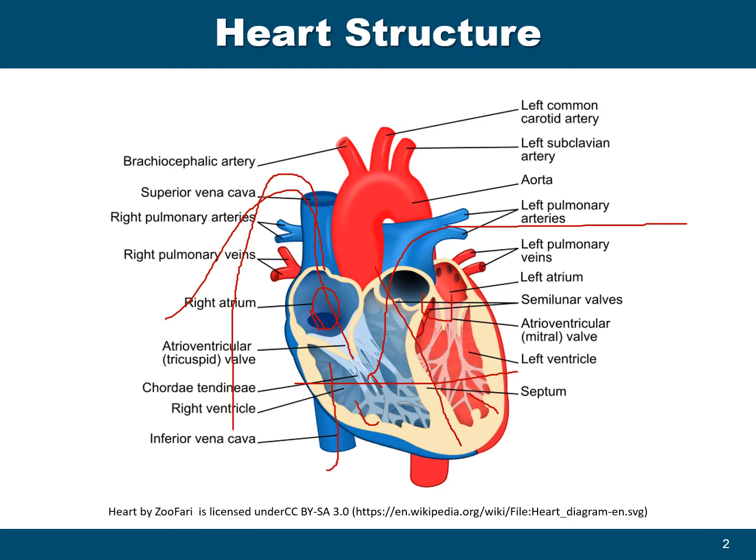Now on the left side, you have the left ventricle. The blood that comes from the lungs enters the left atrium and then goes into the left ventricle, and then that blood is being pumped into the aorta in order to distribute the blood to the whole body systems.